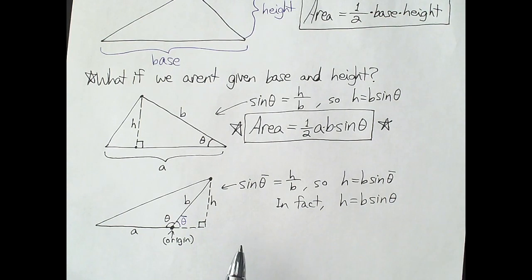then, how do I put this? I want to say that in this picture, theta looks like it's greater than 90 degrees, right? Right now theta is not in standard position.